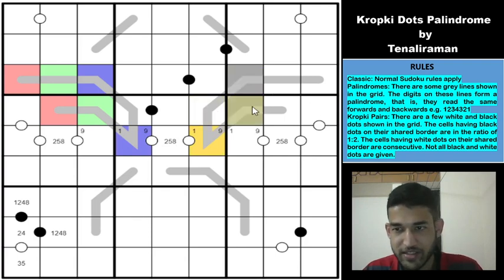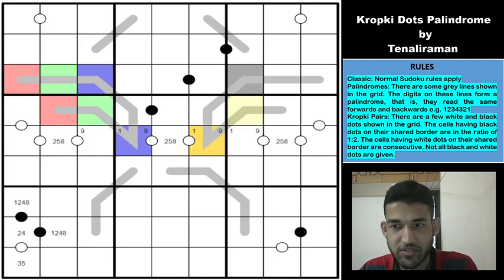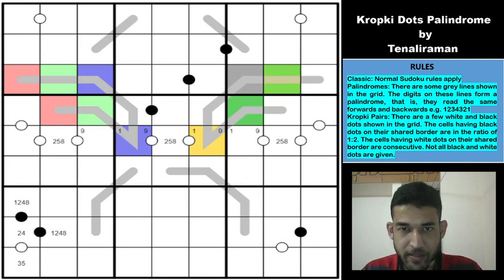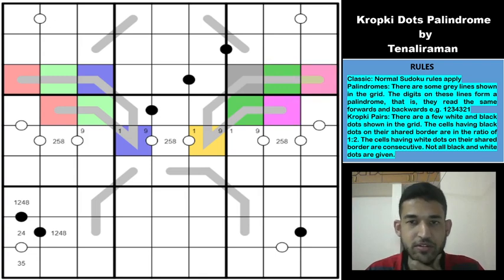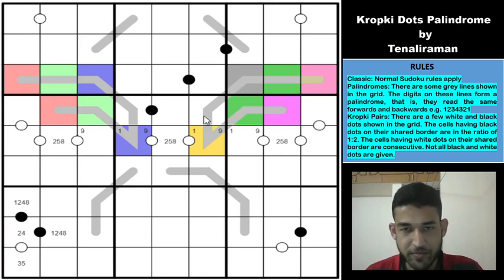Not really sure. Looks very light, so I'll use a different color. So these two cells must be equal, and these two cells must be equal, right? All palindrome, using the palindrome rule. And this is the middle cell, so I haven't highlighted using any color. Oh, this has changed in color somehow. Okay.